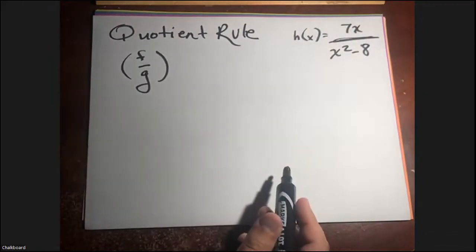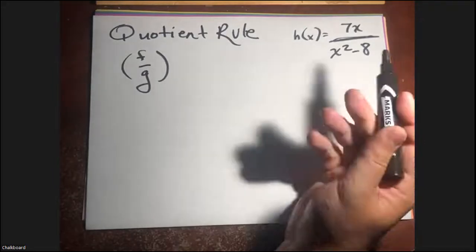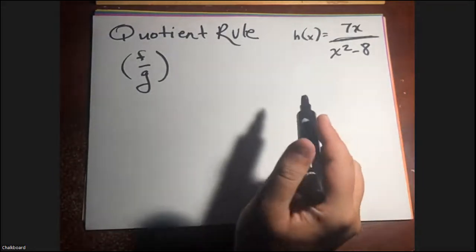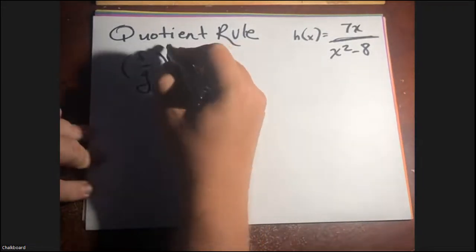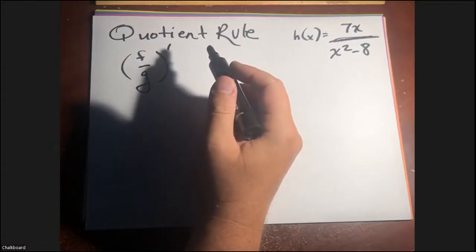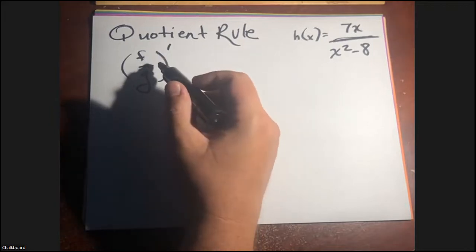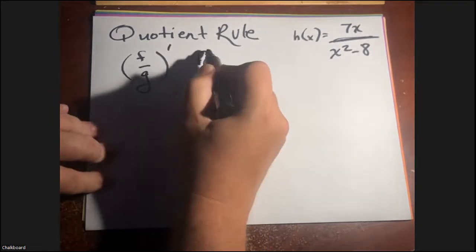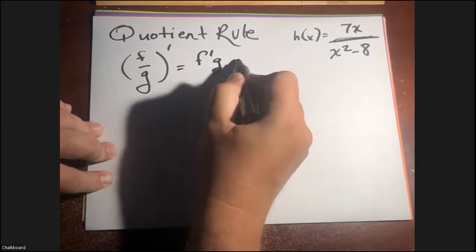You're trying to find the derivative of something kind of like this. Obviously, it's a quotient. It looks like a fraction. Well, if you are trying to find the derivative of f over g, the way you got to do it, and this is kind of important, you have to make sure that you do the derivative of the top thing first, like this, f prime g, and then put the minus.